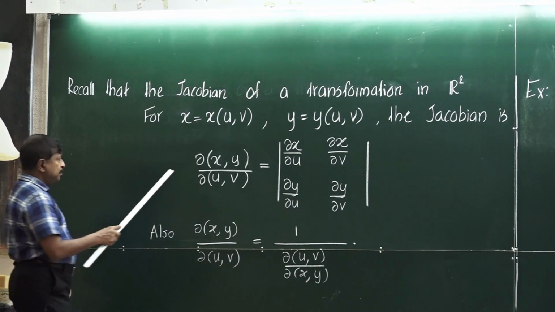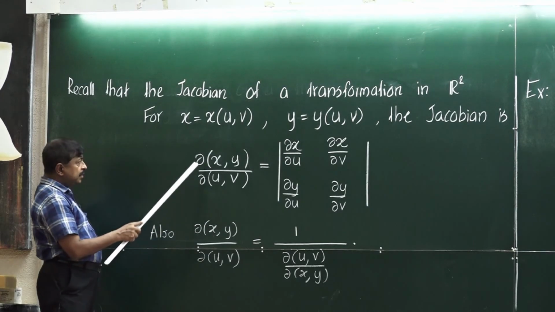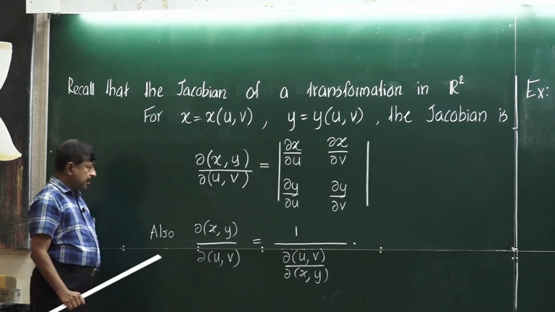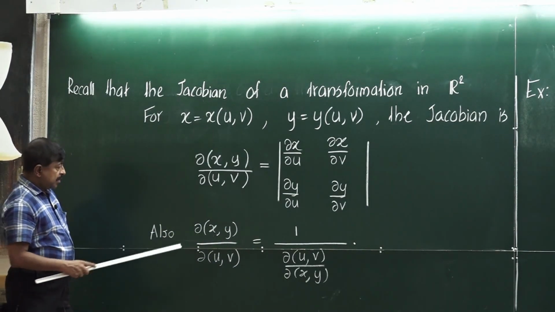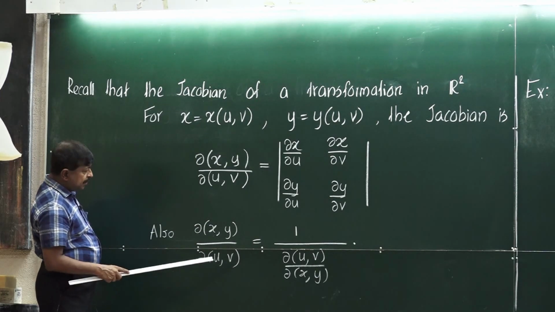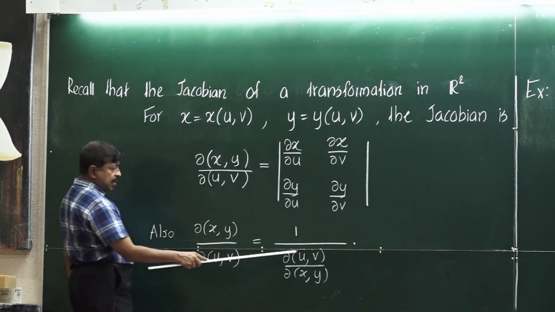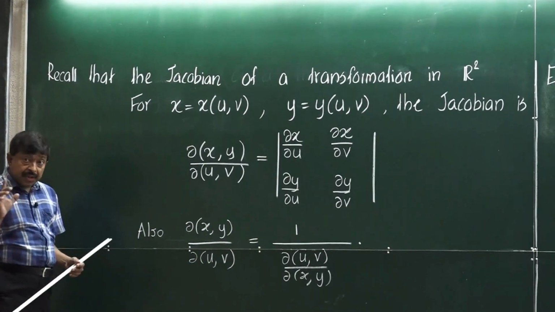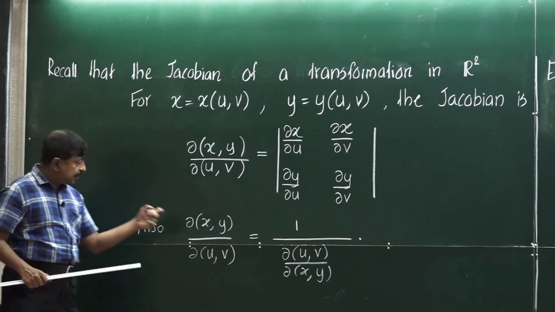Now, with this setup, as I explained earlier, the Jacobian is defined like this. Also note that if you swap these variables, placing u, v at the top and x, y at the bottom, then it will be exactly the reciprocal of this one.